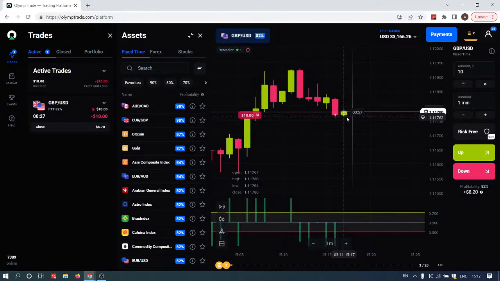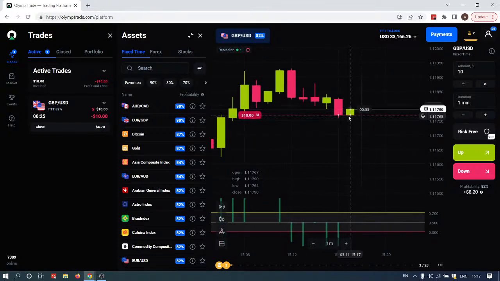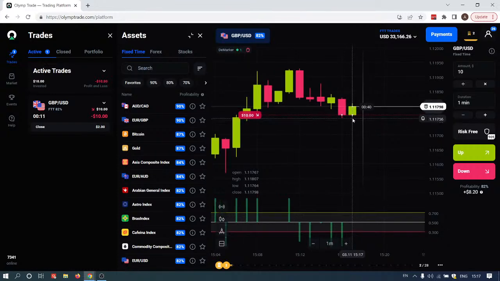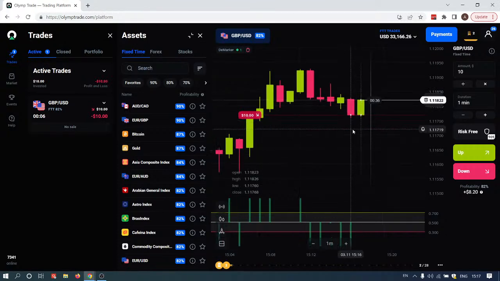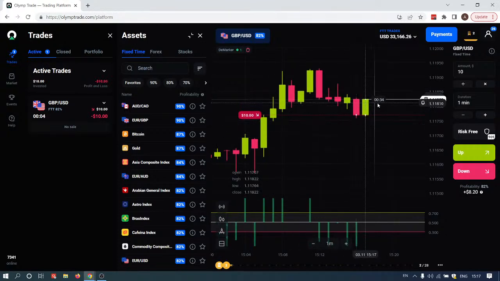Well, like I said, this strategy works fine. It's better than nothing, because many traders like to open 1-minute trades, and at the same time they open these 1-minute trades without even using any indicators. So using this Demarker indicator is oftentimes better than nothing.